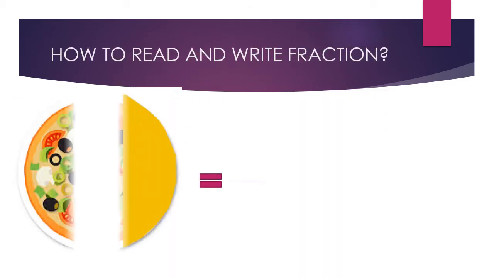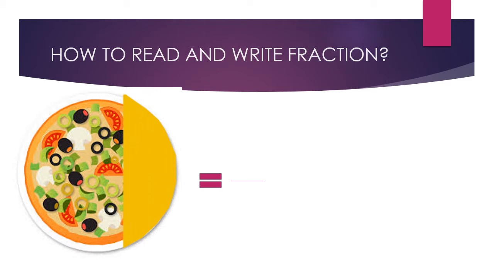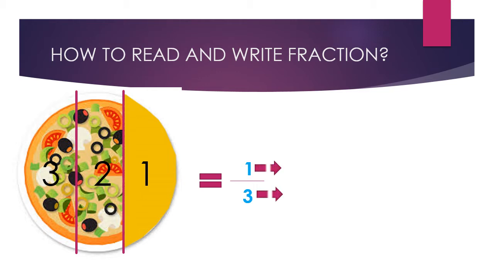Okay, if I have another pizza and I cut it into 3 pieces and I ate only 1 piece, so I eat 1 over 3. This is called third. Exactly, this is called third.